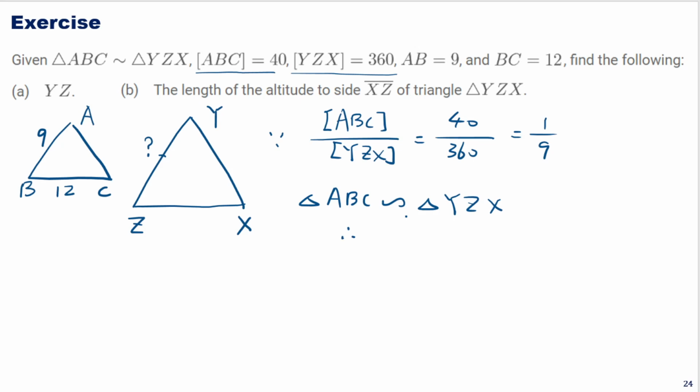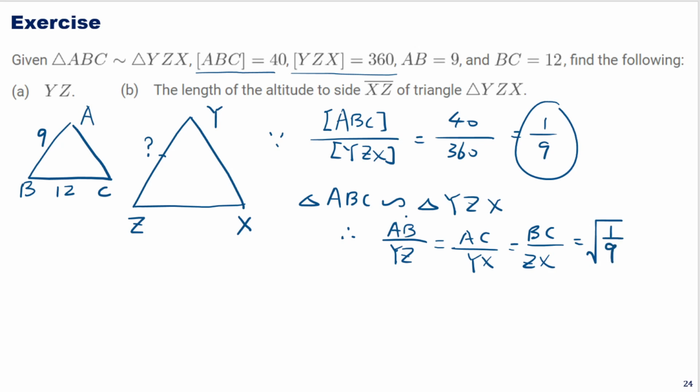And this tells us that AB over YZ should equal AC over YX should equal BC over ZX, which is the square root of that ratio here, right? Which equals 1 over 3. Therefore, we know YZ is 3 times AB, right? Which is 27. You get it? That completes the first question.